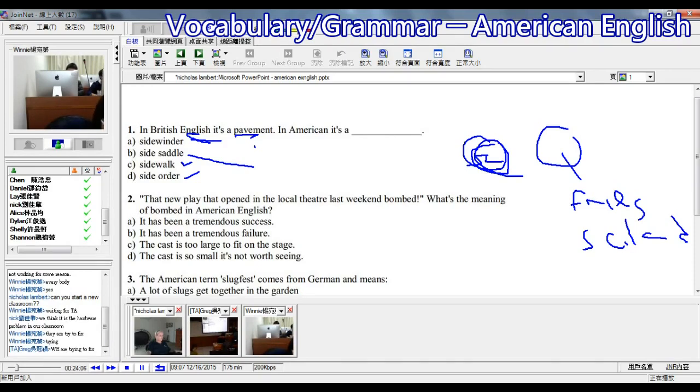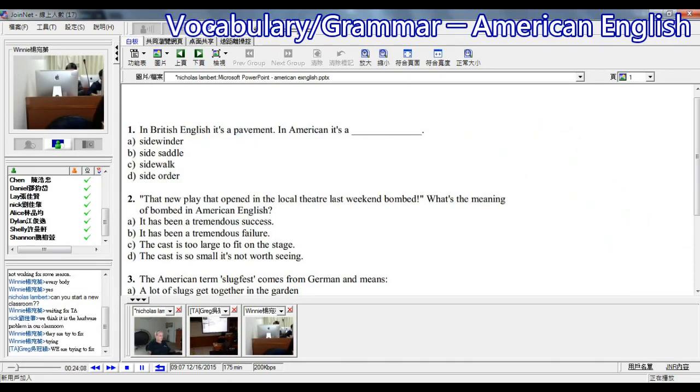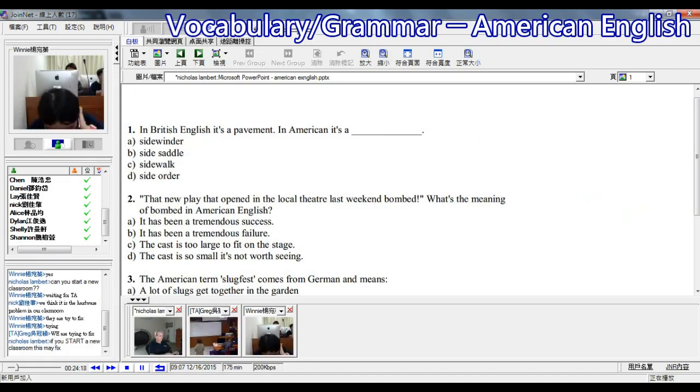All right, so we'll just keep going. If you can start a new classroom, that may fix it. But I'll keep going for another 5 minutes and see what happens.